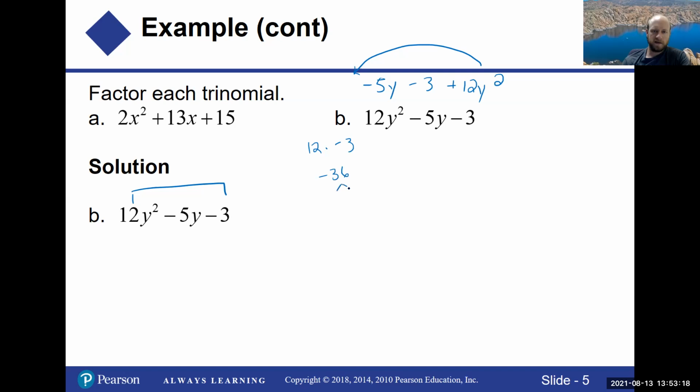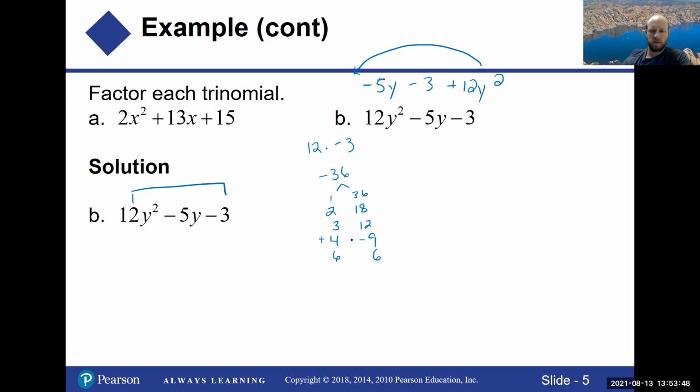And then I need factors of negative 36 that add to negative 5. Factors of 36: 1 and 36, 2 and 18, 3 and 12, 4 and 9, and 6 and 6. Which one, or how can I get a negative 5 here? Well, they have to multiply to be negative 36, so one of these has to be negative. And it looks like this is going to be the case.